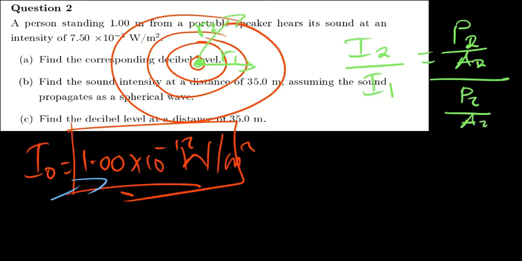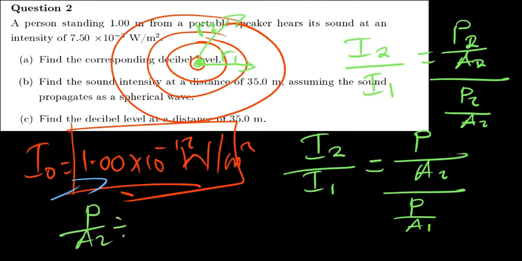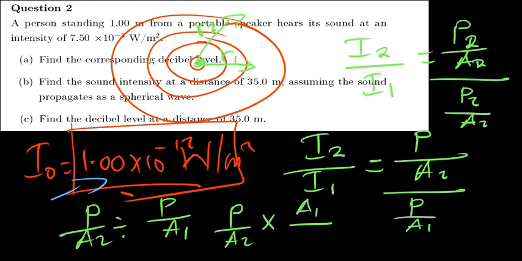So intensity 2 divided by intensity 1 is equal to power divided by area 2, divided by power divided by area 1. That is power divided by area 2 times area 1 divided by power. The power and power can go, so I'll only remain with area 1 divided by area 2.